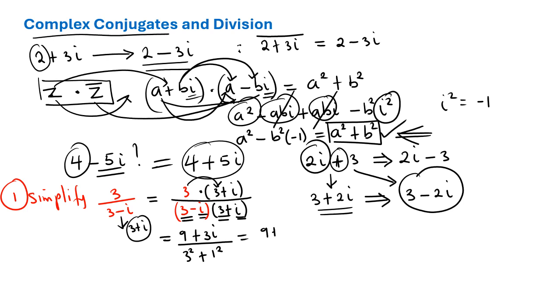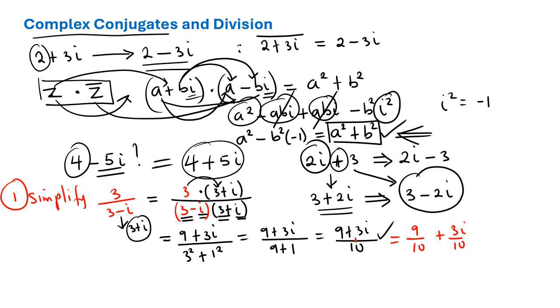So 9 plus 3i over 3 squared is 9, plus 1 squared is 1 times 1, which is 1. That gives us 9 plus 3i divided by 10. This is the quotient form, but not yet in standard form. To separate the real part from the imaginary part, I cut my division sign in half and keep 9 over 10, then plus 3i over 10.